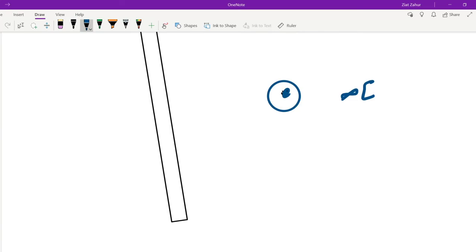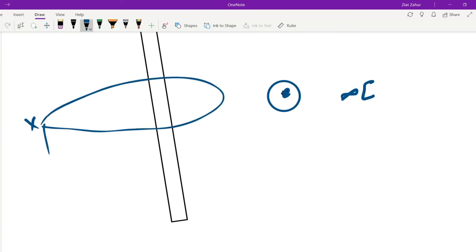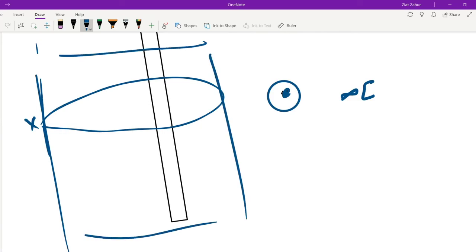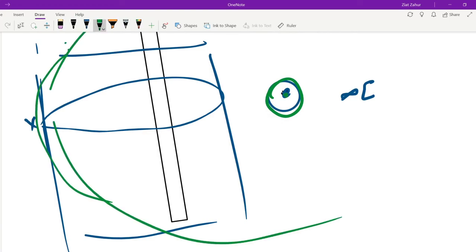You're inside. Then you can try to use superposition. So if you're over here, then you can try to use superposition. So it's the rod plus, if this is green, it's green, rod plus sphere.